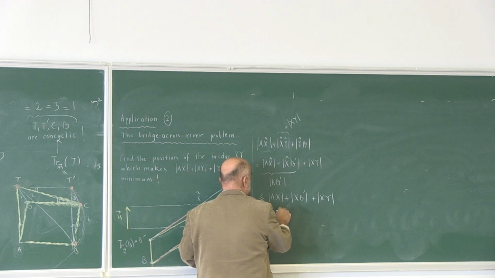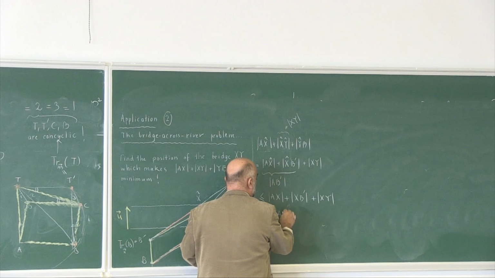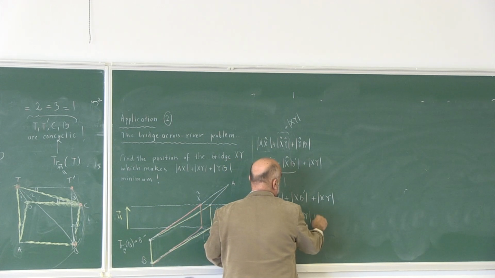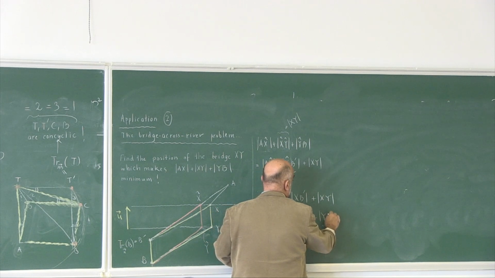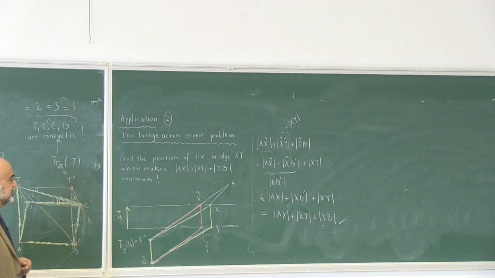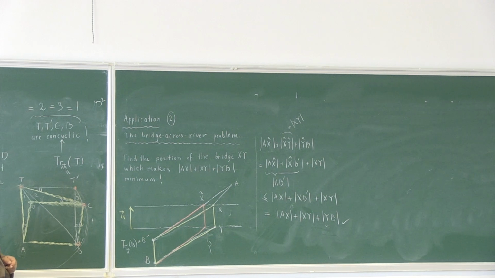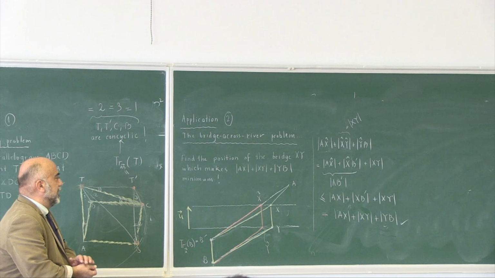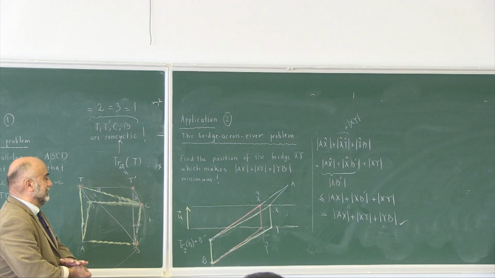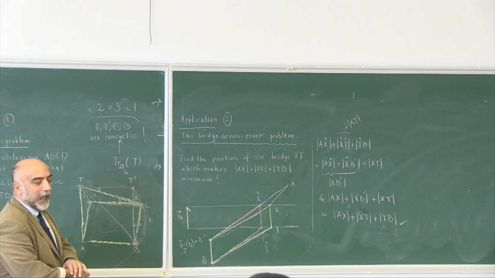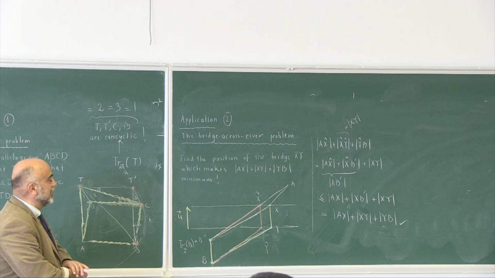So I've got the following: AX plus XY plus YB. That's it. And that happens, of course, for every X. So this shows you where you construct your bridge. And in fact, this is a rather amusing problem of civil engineering, if you wish.